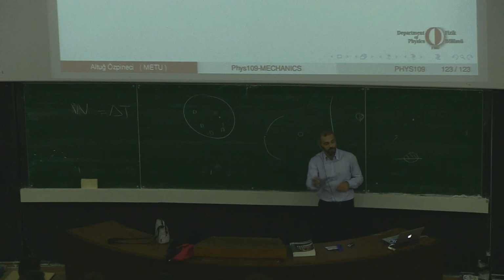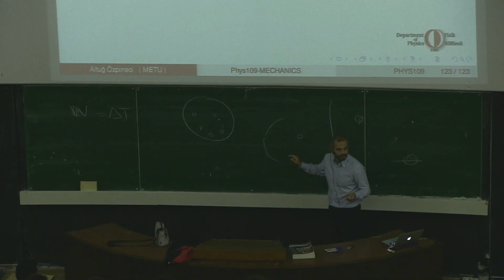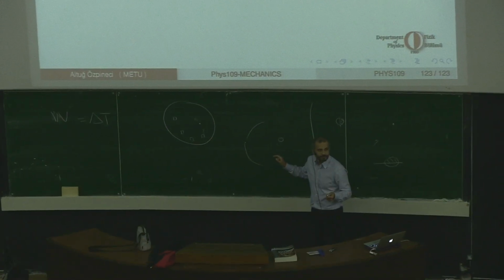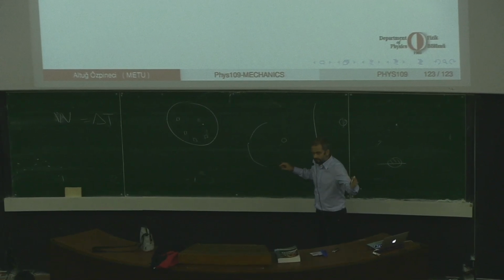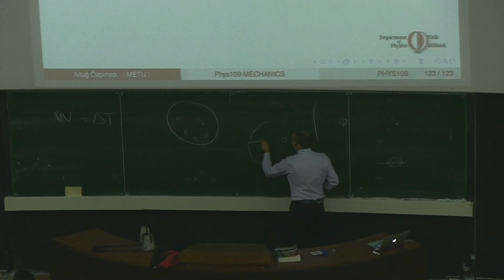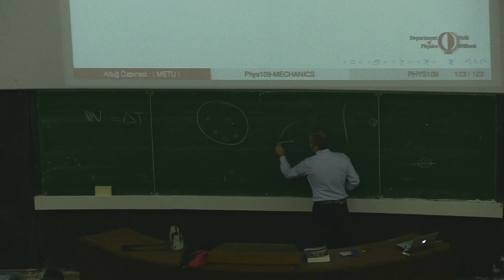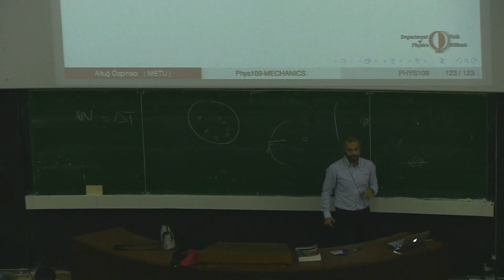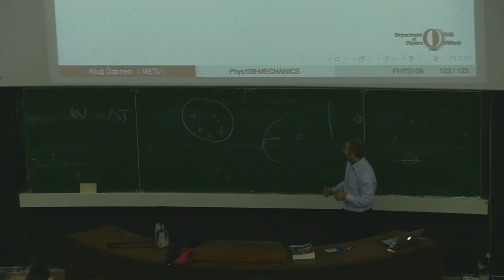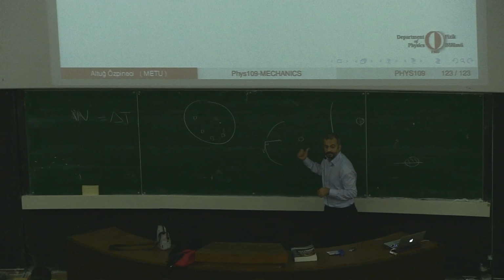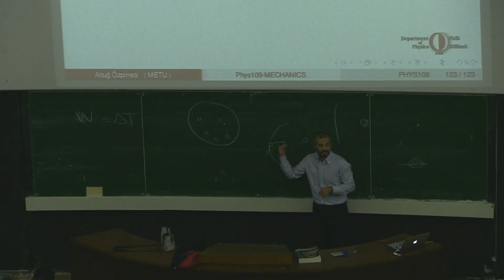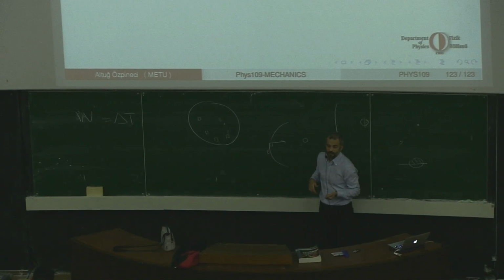So can this gravitational force do any work? Can the gravitational pull of Earth on the moon, assuming that the moon is making uniform circular motion, do any work? No, it can't. Because this is the direction of the force, and this is the displacement, and they are at right angles.